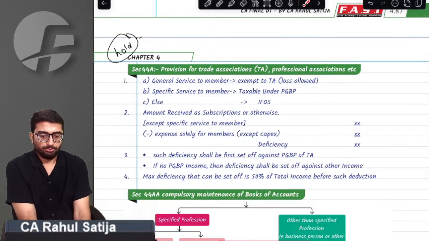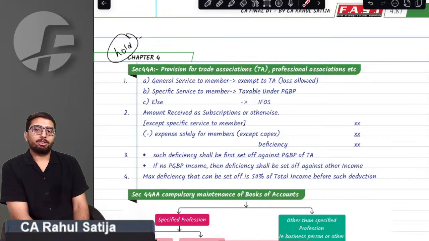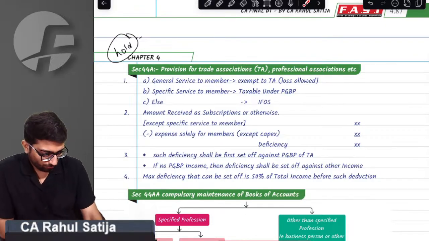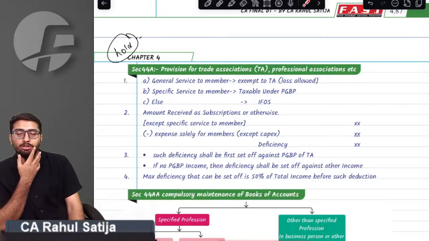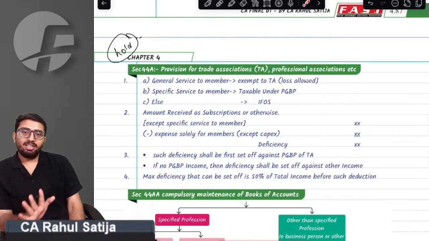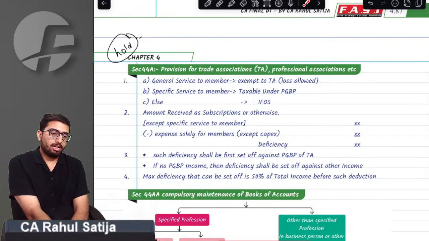Section 44A. Last section of PGBP topic. Done till now? Any issue till now? Anybody?